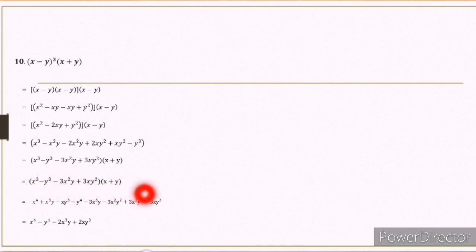Then you need to combine the like terms. This line, you need to combine the like terms. Then the answer is x raised to 4 minus y raised to 4 minus 2x cubed y plus 2xy cubed.